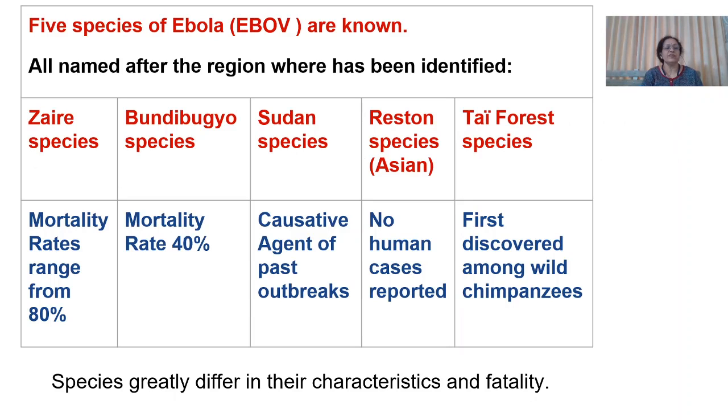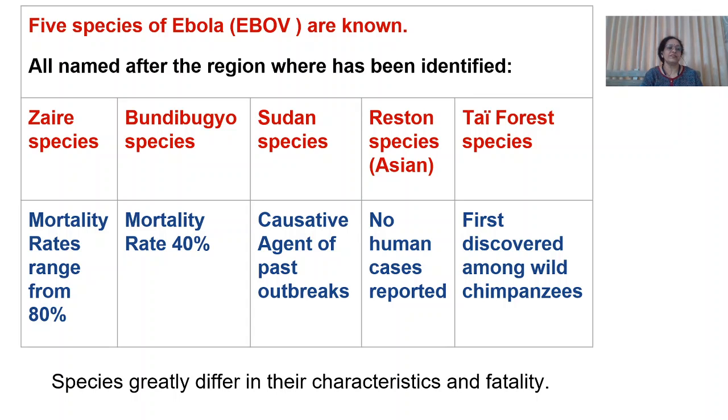There are 5 species of Ebola known, all named after the region where they were identified. These species are Zaire species, Bundibugyo species, Sudan species, Reston, and Thai Forest species.